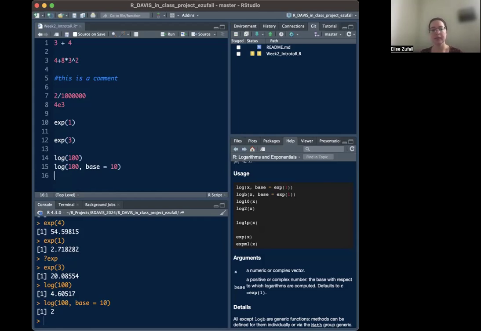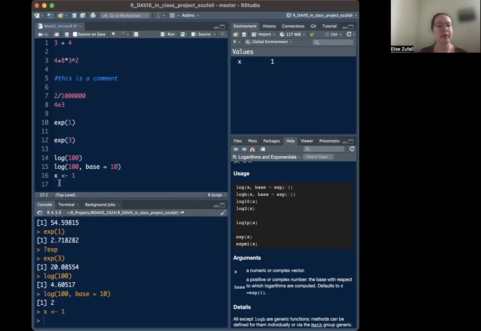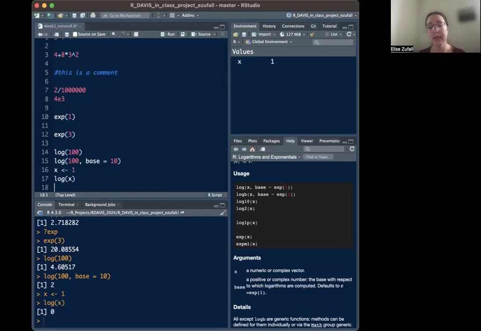We can also remember we have this variable of x where we set x equal to 1. And if we put log of x, we can also evaluate the log of a variable that we've previously defined in our script.